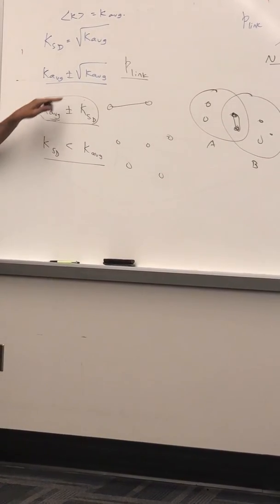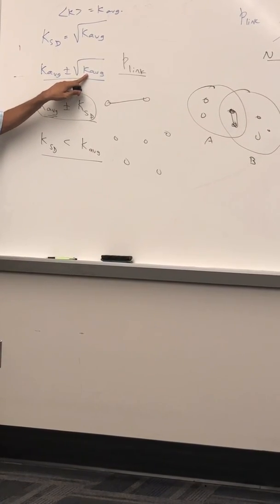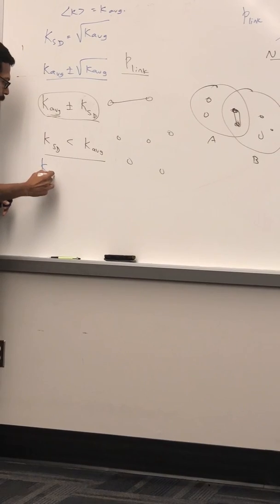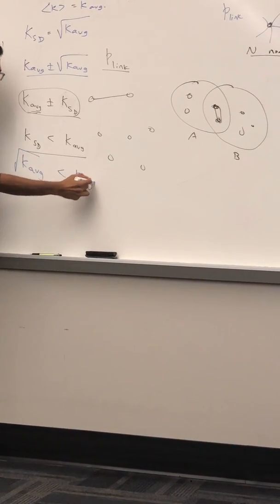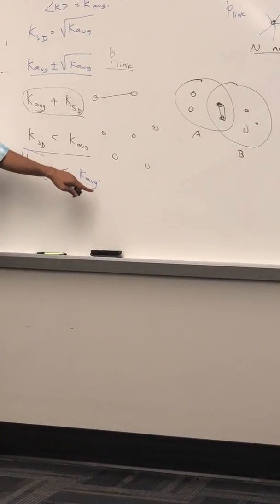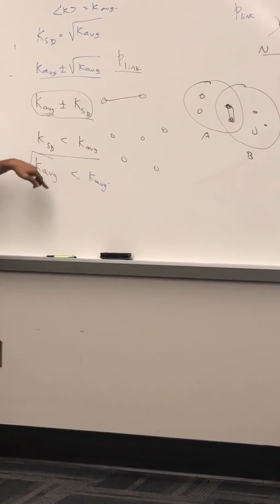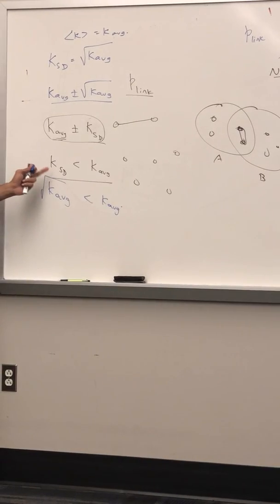So the square root of some number, especially if the average degree is greater than 1, is going to be what? Less than the value itself, right? So if you have something greater than 1, the square root of that number is going to be less than that number. So the square root of say 4 is 2. So 2 is less than 4 and so on. Okay? So standard deviation is less than average for Poisson.